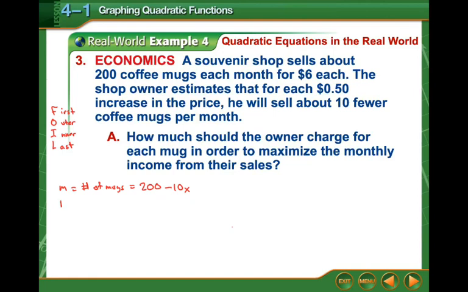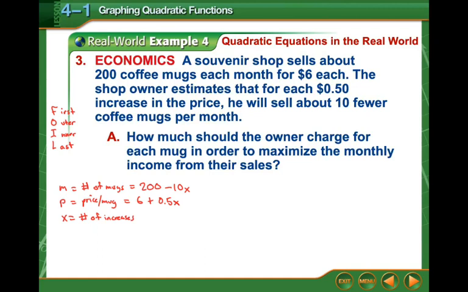And then for the price per mug, that's going to be $6 to start, and he's looking at adding 50 cents each time. And again, x is the number of increases.